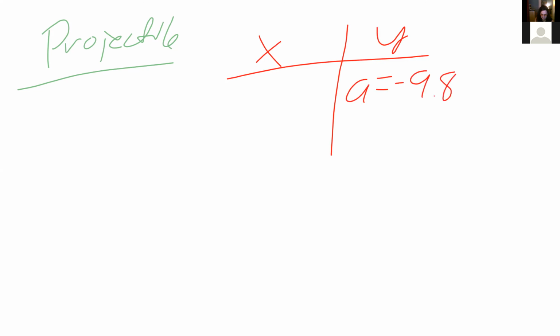On the x side, then, we just always use the equation delta x is equal to velocity times time. There's no acceleration in the x, it's a constant velocity. Once you find the velocity at one point in a projectile's path, in the x direction, that's the velocity the whole time.